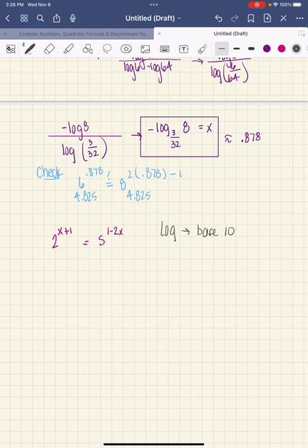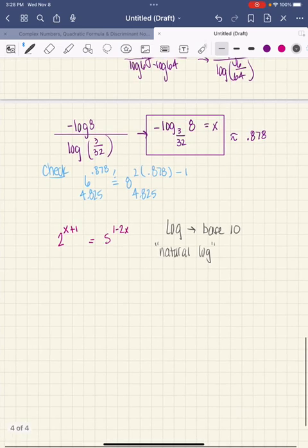There's this thing called a natural log. And natural logs are used a lot in finance in the real world. So a natural log is written as ln. And instead of having a base of 10, it has a base of e. And e is called the natural number.